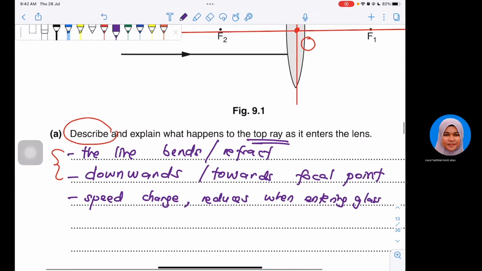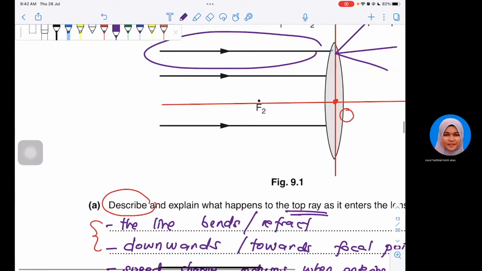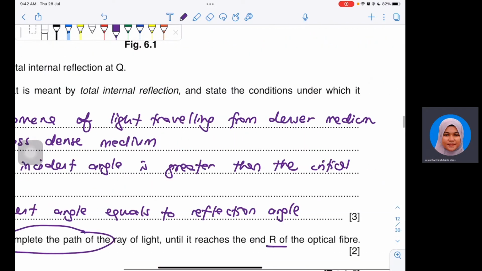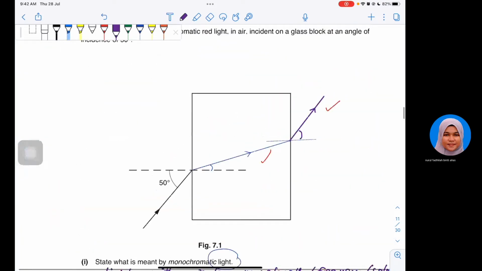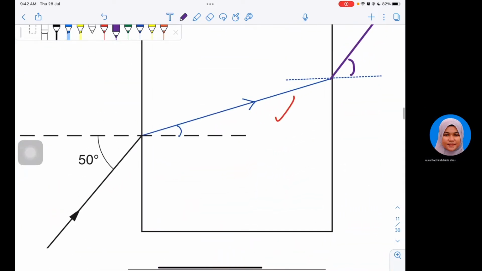Okay? Just now we did this. What phenomenon is this? Refraction. So when there is refraction, bending of light happens. Why does bending of light happen? What was the answer just now? Because of change of speed.